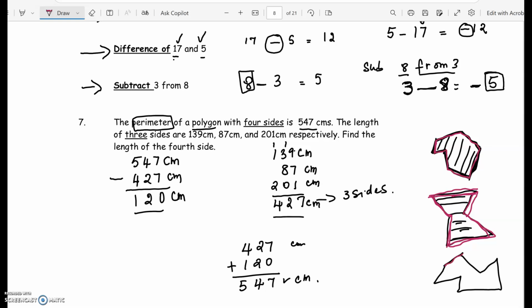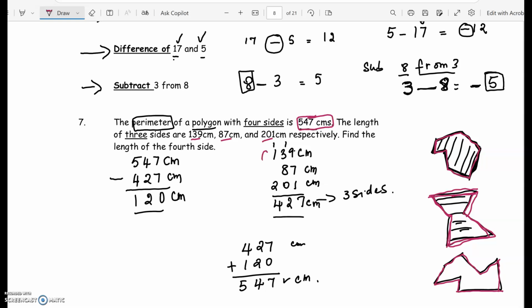Again, for the third example, we're adding each one of these edges, and the sum of all the edges would be the perimeter. Perimeter is the outside. So the perimeter, the sum of all 4 sides is given. The length of 3 sides is also given. So each of the 3 sides, the length is given. There's only one side that's missing.